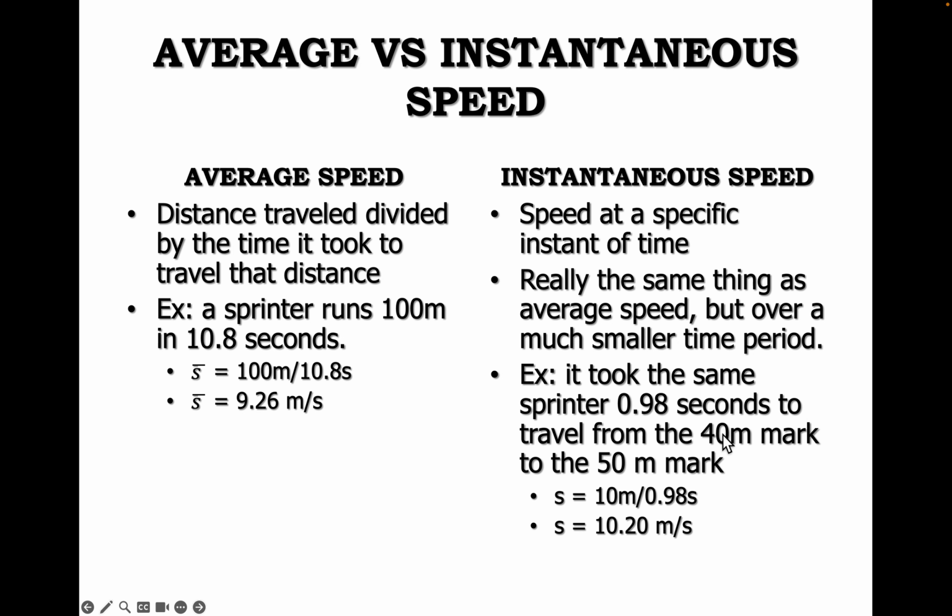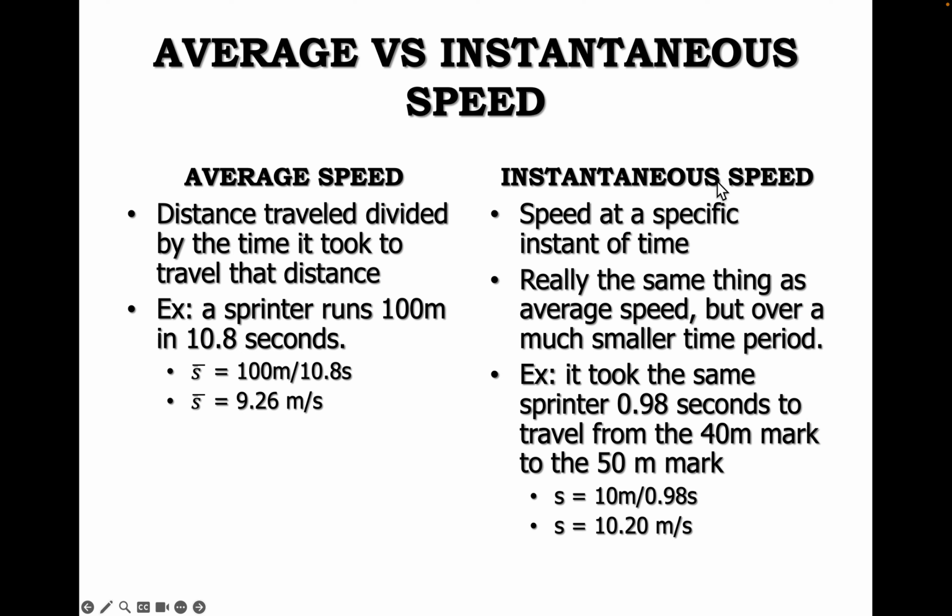One example is that we could look at how fast the runner was running between the 40-meter mark and the 50-meter mark in that 100-meter dash. If it took that runner 0.98 seconds to run between the 40-meter mark and the 50-meter mark, we could take the difference in that distance, which is 10 meters, and divide that by the amount of time it took, 0.98 seconds, which gives us an instantaneous speed of 10.2 meters per second.